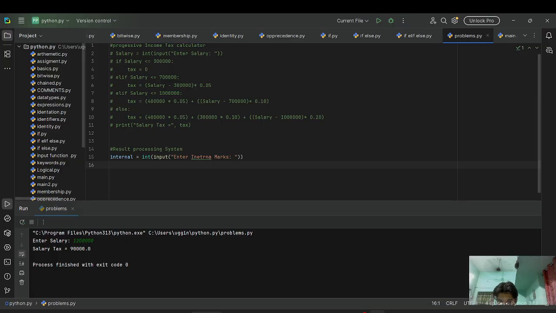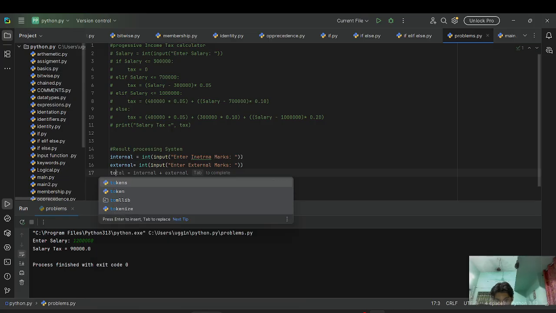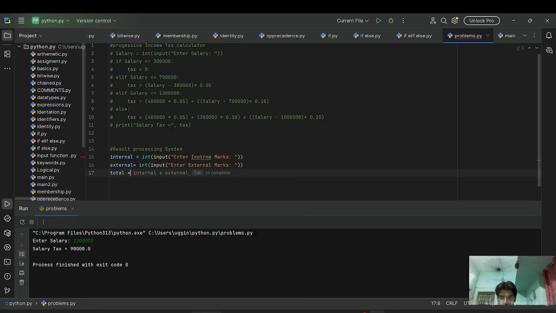Let's see the external. So total should be internal plus external.